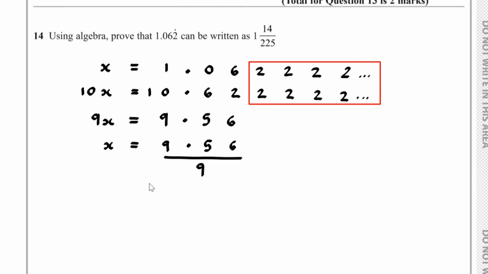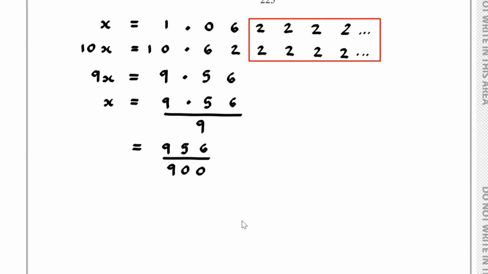So that is the same as 956 divided by 900, and 900 goes into 956 one whole time, and what's left over is 56 over 900.